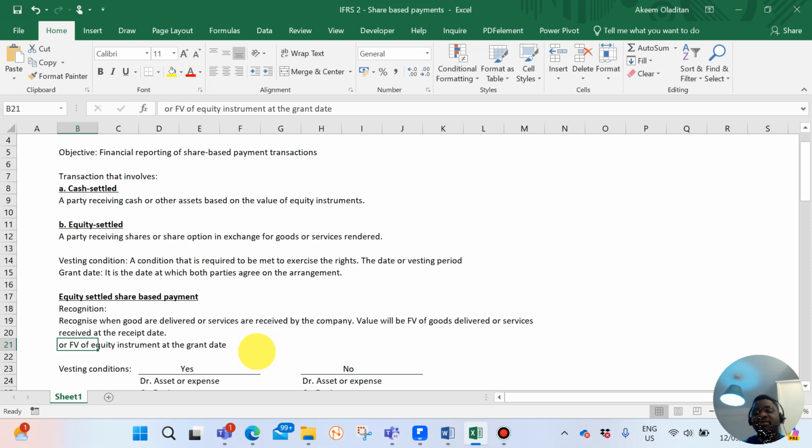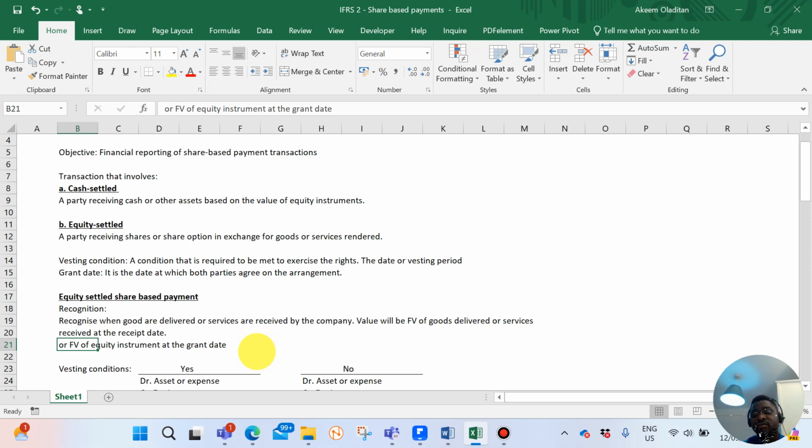So we use that value to determine the fair value of the liability to be recognized in the books, or the equity reserve to be recognized in the books.